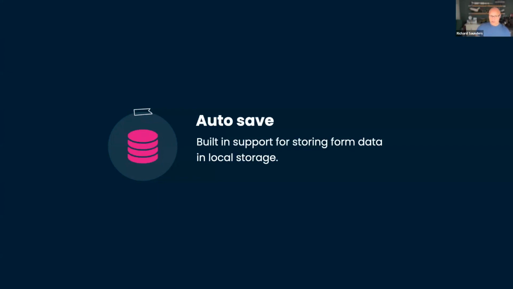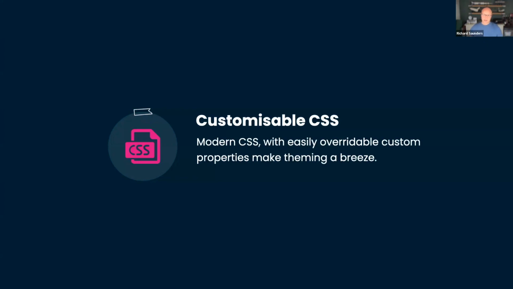We also handle supporting that data, saving that data into local storage when you've got autosave switched on. And we've made the CSS that renders that form really clean using modern CSS techniques, and it's using overridable CSS properties to make theming really, really easy.